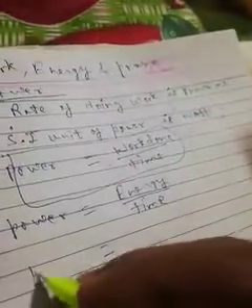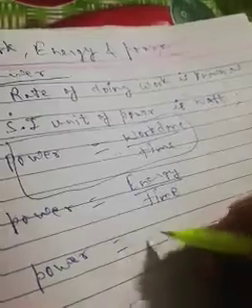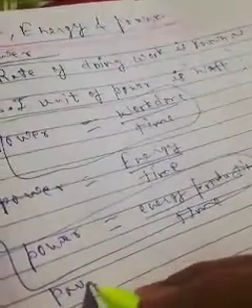So power is energy production per unit time or energy consumption per unit time.